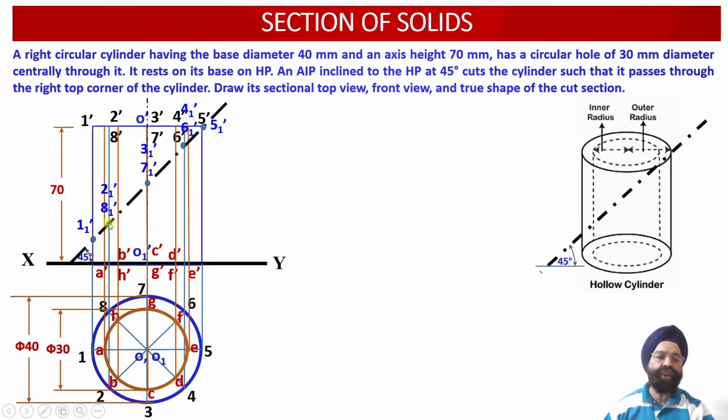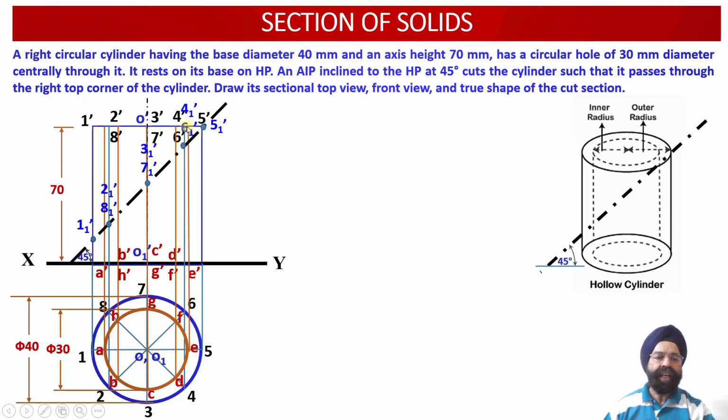Similarly, there are 2 points of intersection, 21 dash and 81 dash. So these 2 points of intersection, they are available onto the outer circular portion corresponding to the vertical generators emerging from the points 2 dash and 8 dash over here. Next we have got 2 more points of intersection, that is 31 dash and 71 dash, which are corresponding to the outer circular portion of the cylinder, and they are corresponding to the vertical generators emerging from the points 3 dash and 7 dash over here.